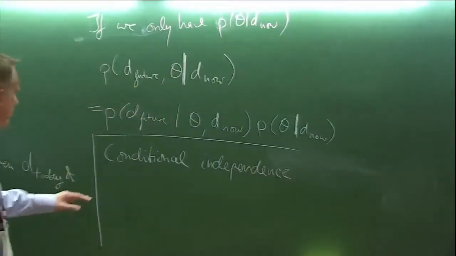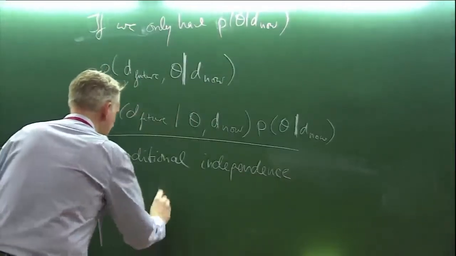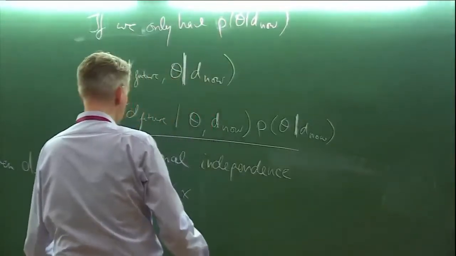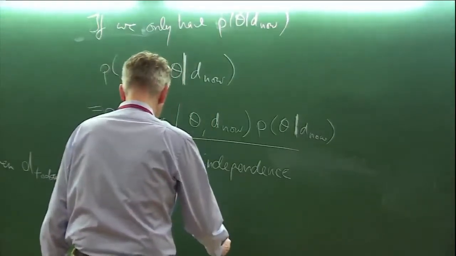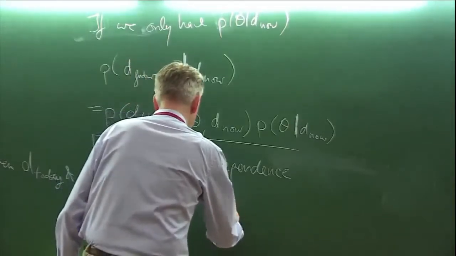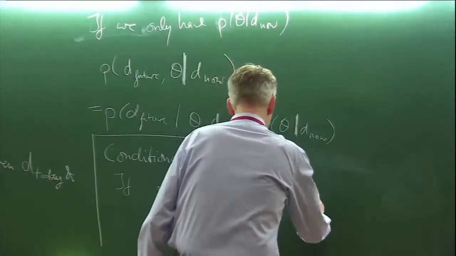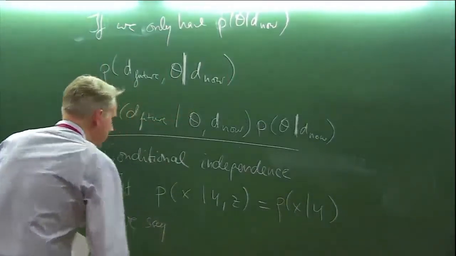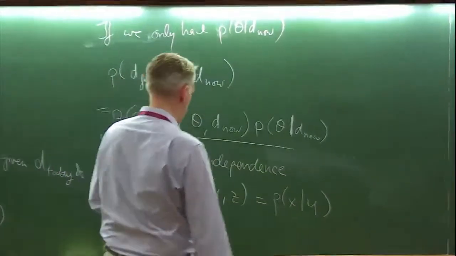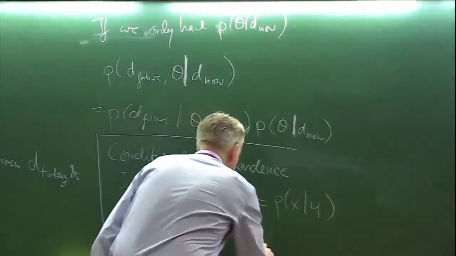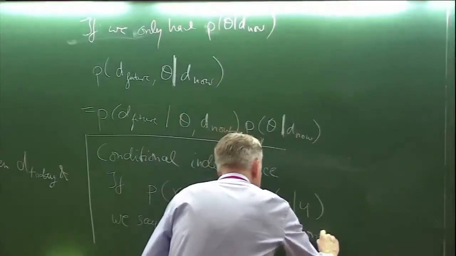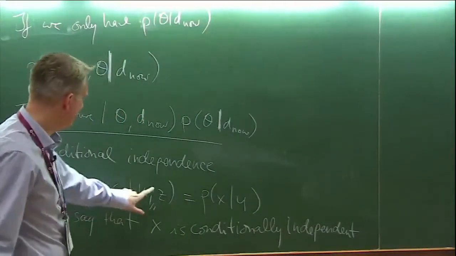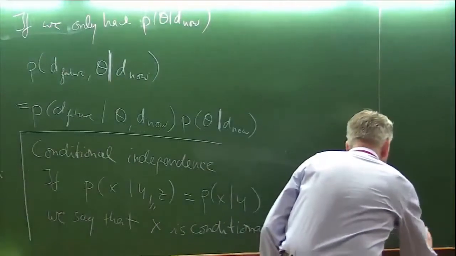Conditional independence is a situation where, if P of x given y and z is equal to P of x given y only, then we say that x is conditionally independent of z, given y.